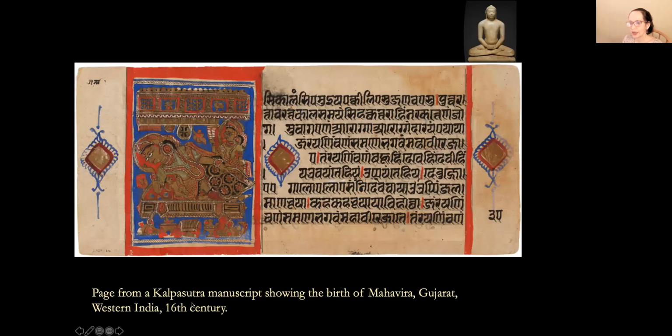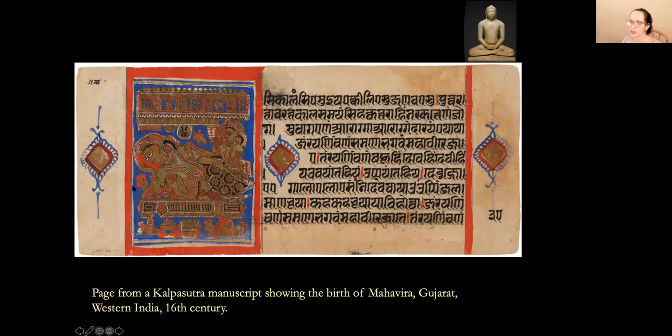So here is a page from the Kalpa Sutra manuscript showing the birth of Mahavira. So the little Mahavira has been placed in now a warrior caste woman's womb, mother's womb. And here is the little infant Mahavira. And you can see the second protruding eye. You can see the second protruding eye here.